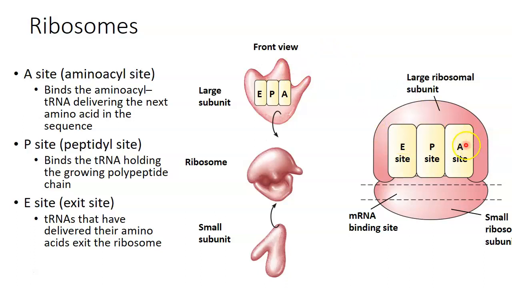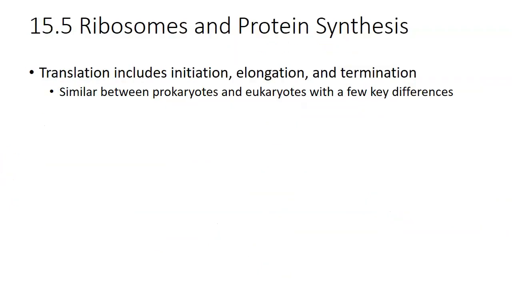So the A site is where new tRNAs are going to come in with their amino acids. And then the P site is where the growing polypeptide chain is going to be. That's the amino acid holding that growing polypeptide chain. And then the E site is where the empty tRNAs will leave. Okay.